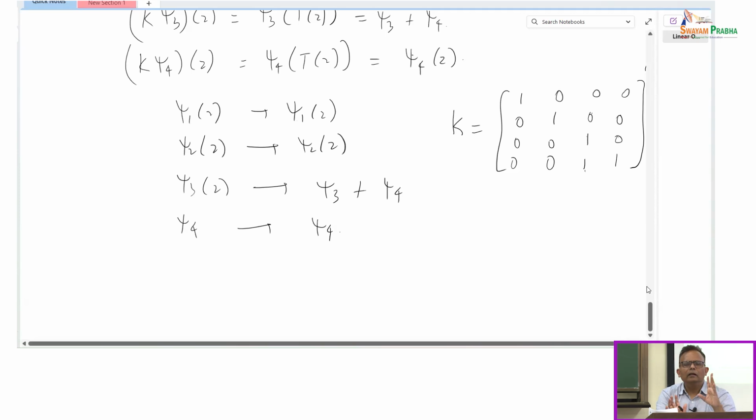I want to find the matrix representation of this operator. That's my goal, right? To find a matrix representation of the operator, I first put a basis, just like the way you do in linear algebra. I put a basis psi on the domain and the range space. Now, the matrix representation of the Koopman operator is a matrix. It cannot propagate functions.